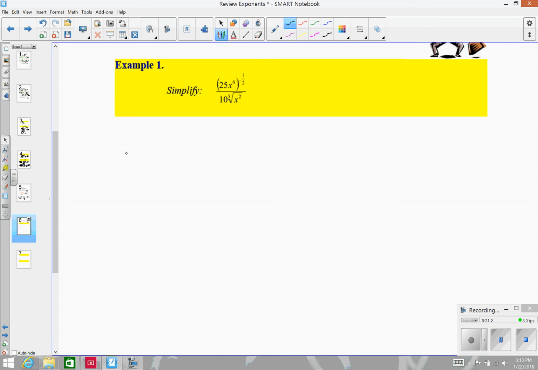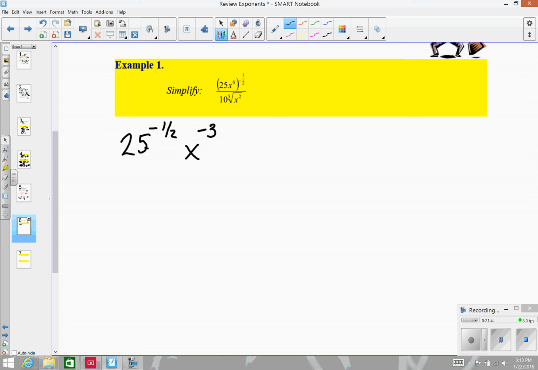I've got 25 being raised to the negative 1/2 power. So I'm just going to write that as negative 1/2 right now. X to the 6 being raised to the negative 1/2 power, so I'm going to multiply those.